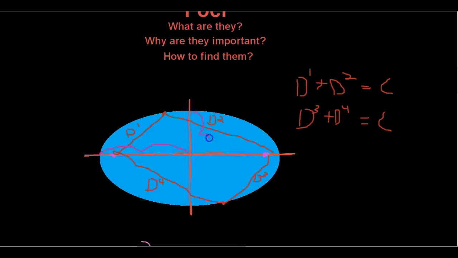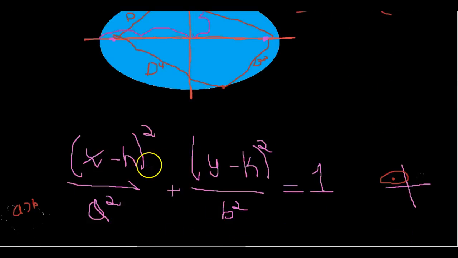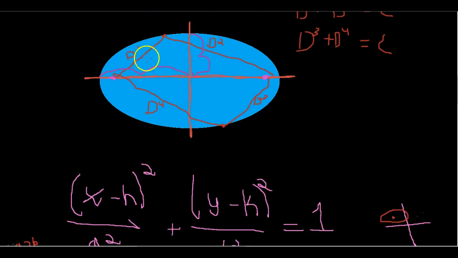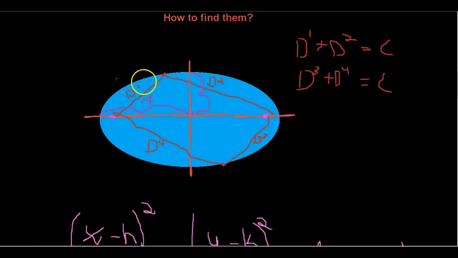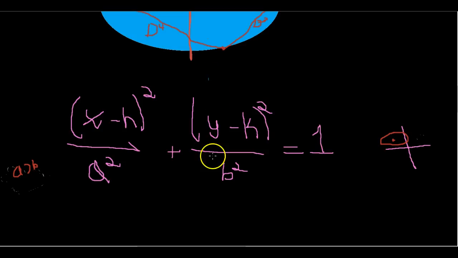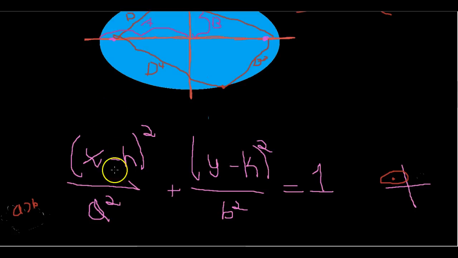So like we have down here in this equation, x minus h squared and y minus k squared over a squared and over b squared equals 1. We have our a, which is going to be here on the x-axis because it's under the x, and then our b, which is going to be with our y, because the b is under the y, and the a is under the x.